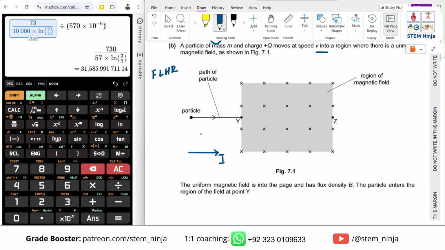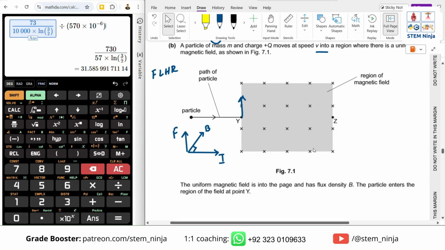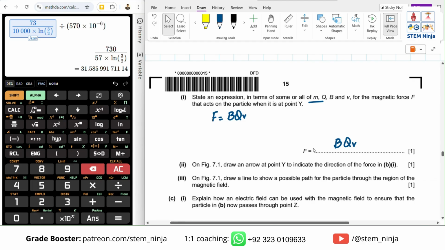Then we have the magnetic field, which is going into the page. So the force would be upwards. So we just need to draw the arrow pointing upwards. Do we need to label it? No, we don't. Draw an arrow at point Y to indicate.